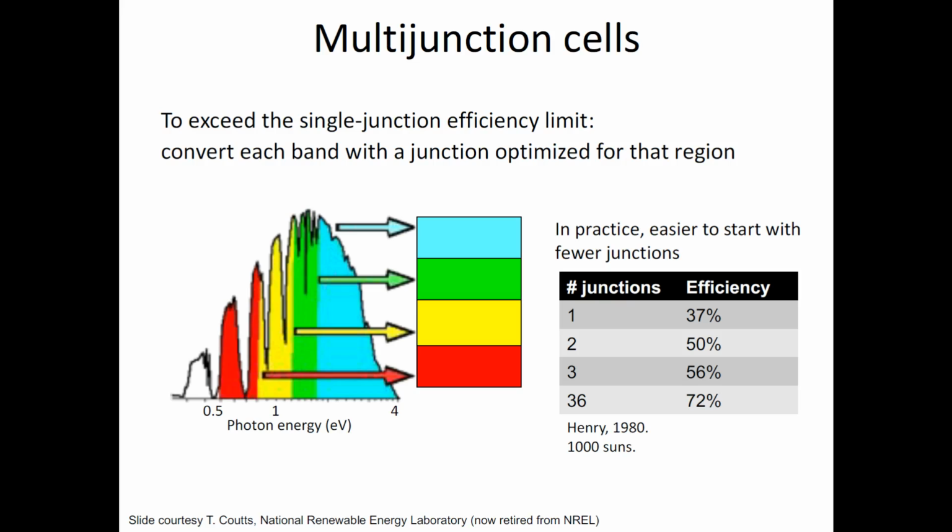What they showed is that with the increase in the number of junctions, you can actually increase the efficiency of your solar cell by a huge amount. This was shown pretty late, I guess by the NREL folks, that you can make these kinds of multi-junction solar cells without even having to worry about materials.